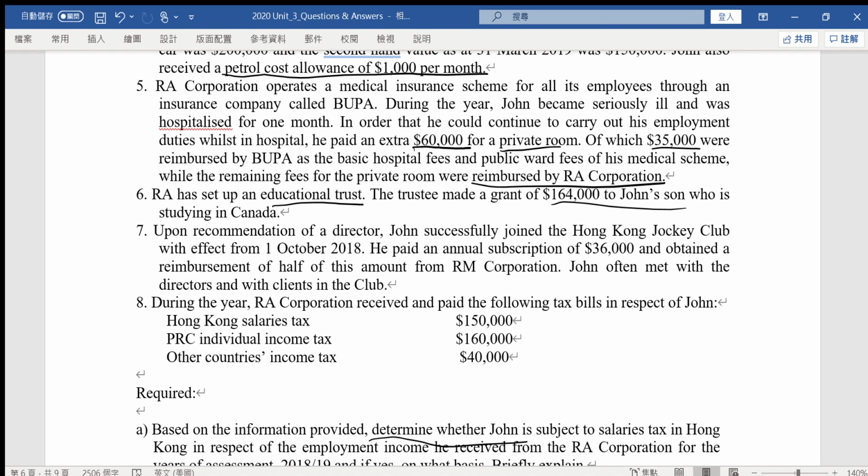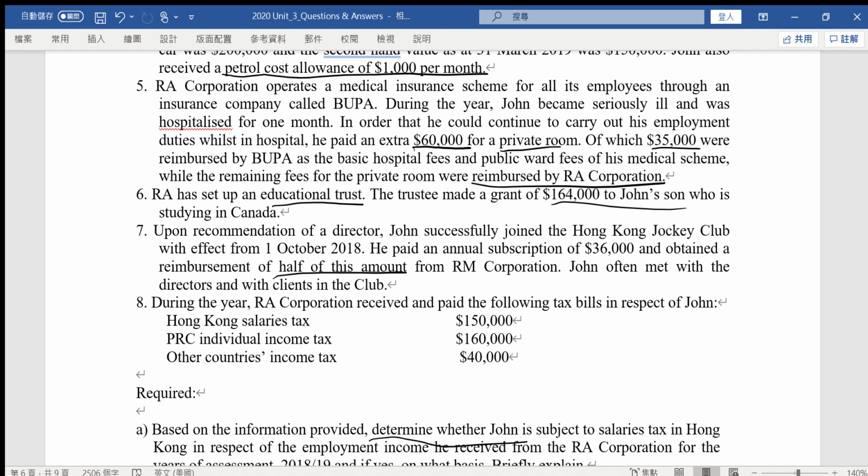Now, by looking at that, he paid the annual subscription fee of 36,000, but half of the amount was reimbursed by the company. Okay, for this half of the amount, that is fully taxable. Why? Because the membership liability is on John only, because there is no company membership account, right?